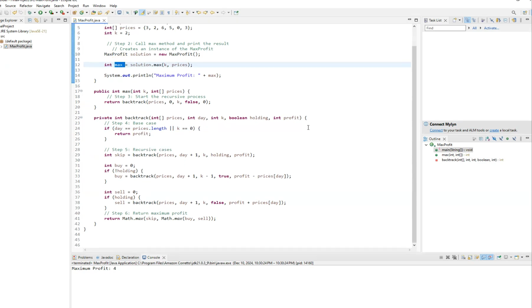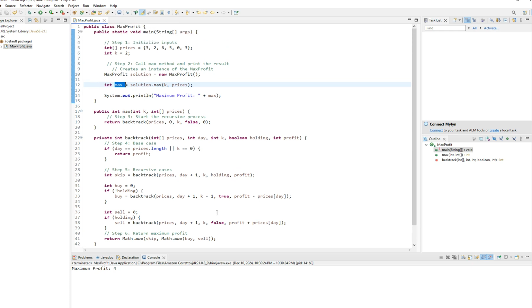So that's the logic of the code that implements backtracking. If we run it, as we see here, we have 3, 2, 6, 5, 0, 3. The maximum profit will be 4.